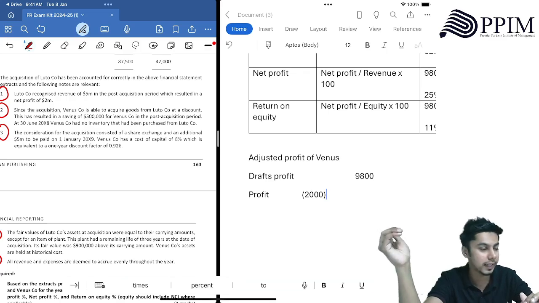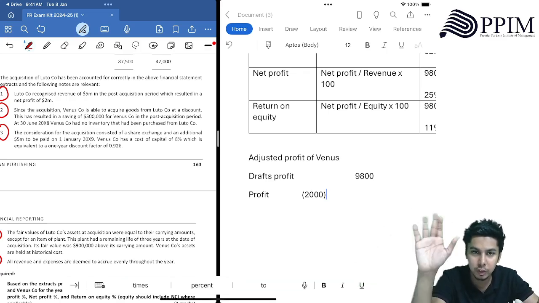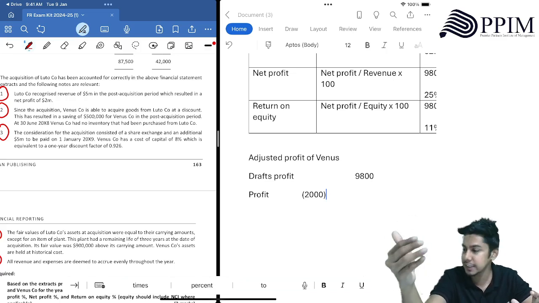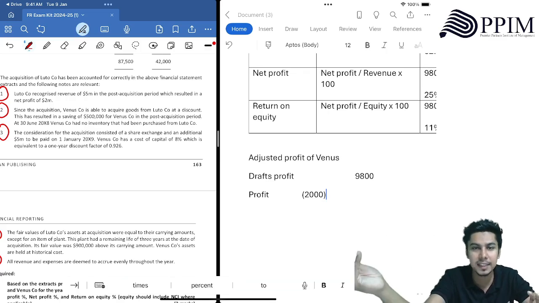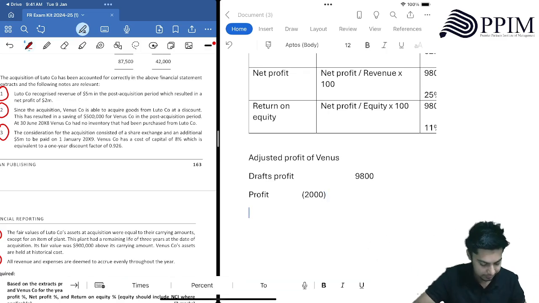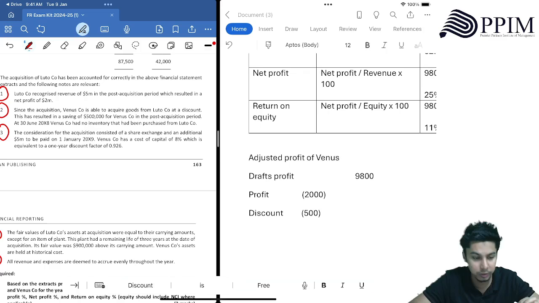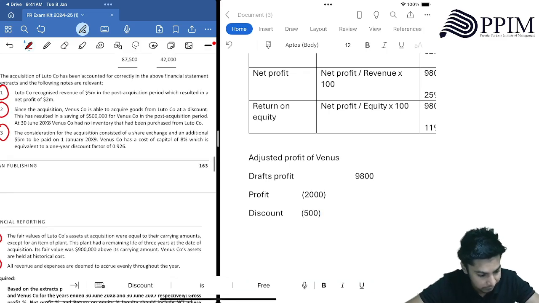No. Then if we don't save, will profit go up or go down? It has to go down, because we are saving. If it's not there, we can't save. So what you should do, that discount, you have to remove from this one, another 500. That's it. Done. All good, right? Guys, let's go for the next one now.